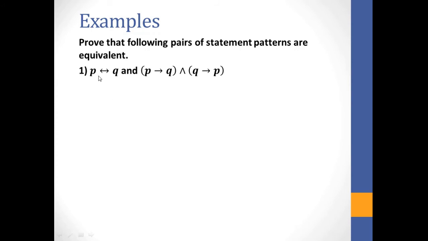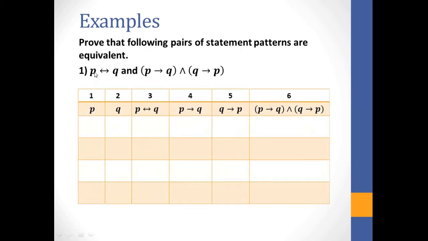We prepare the truth table for this statement pattern and this statement pattern commonly. So common truth table, see here only two statements are there. First column is P, second one is Q. For this statement pattern we require P double implies Q, so we write it in the third column.